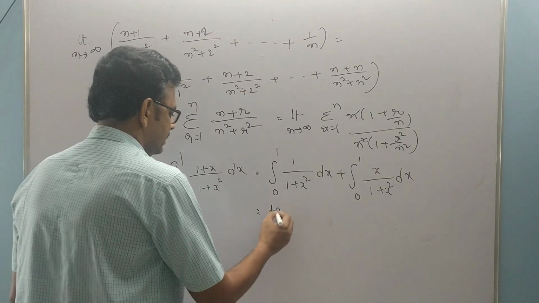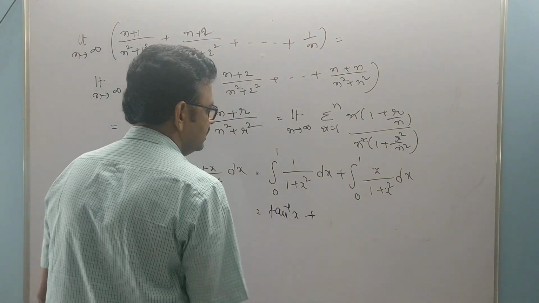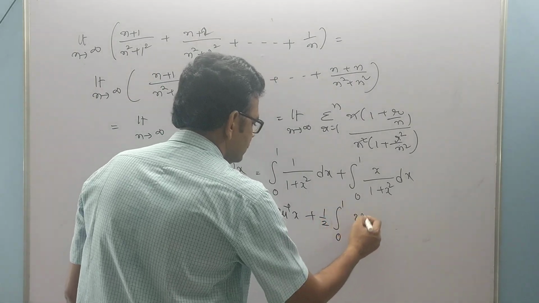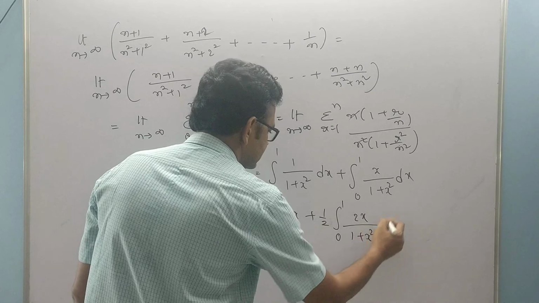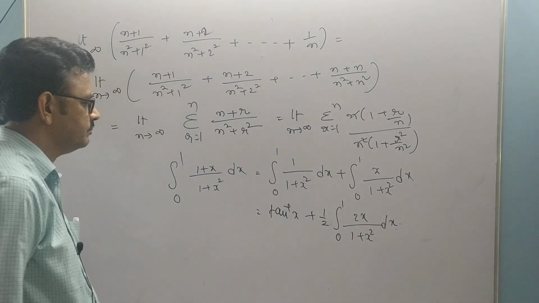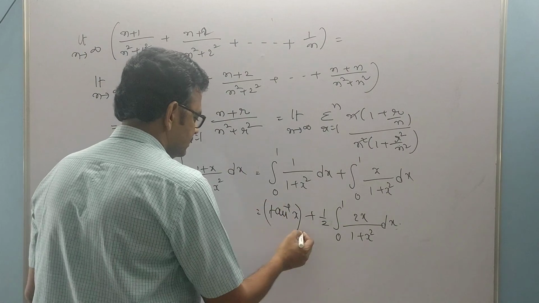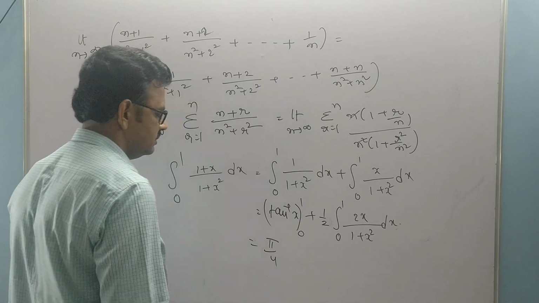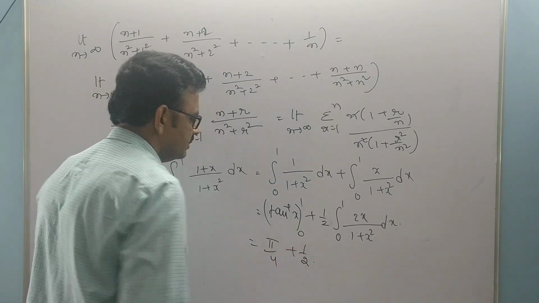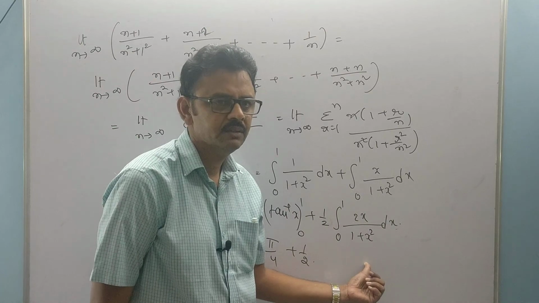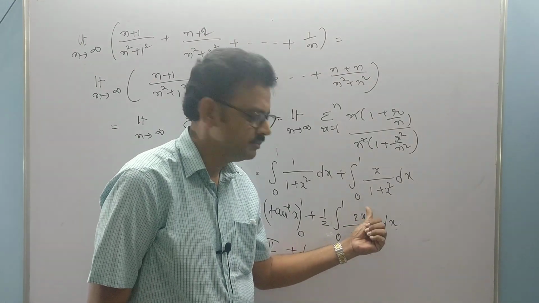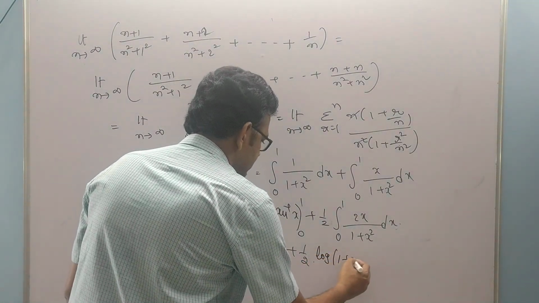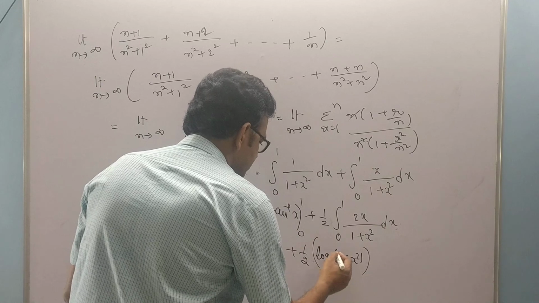This is tan inverse of x plus, multiplying and dividing by 2, 1 by 2 integral 0 to 1, 2x by (1 plus x square) dx. Here the limits 0 to 1. Upper limit is tan inverse of 1, pi by 4, lower limit is 0, plus 1 by 2 into, derivative of 1 plus x square is 2x, f dash x by f of x, that is log of 1 plus x square, limits 0 to 1.